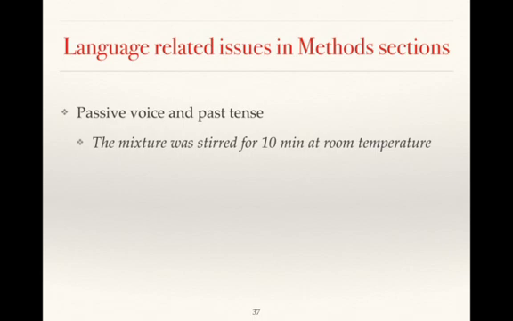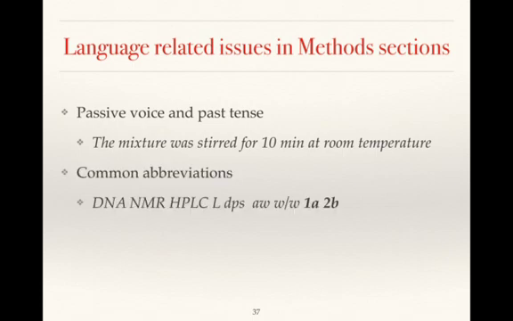Let's have a look at other issues that are very common in the method section. As we said earlier on, passive voice and past tense are very, very typical. As you can see, "the mixture was stirred for 10 minutes at room temperature" is an example here.